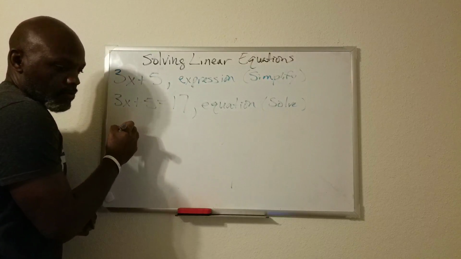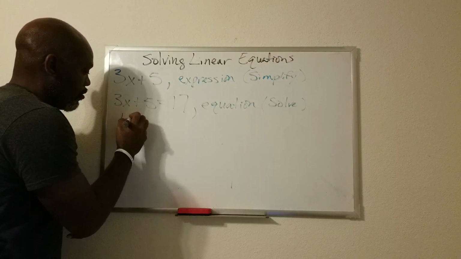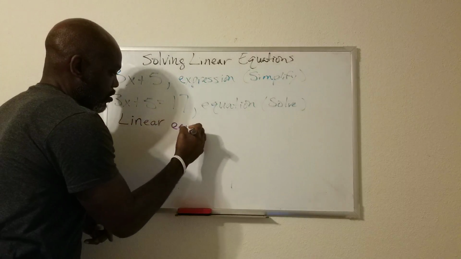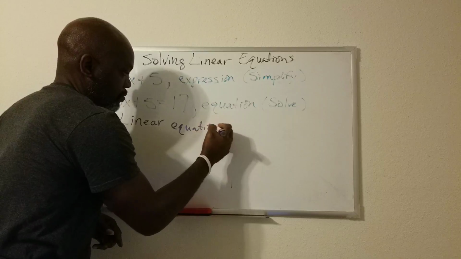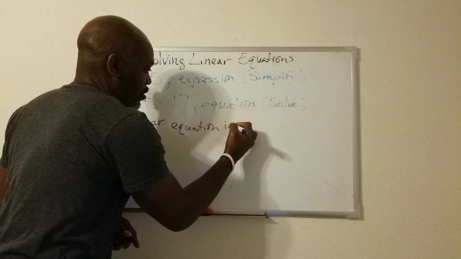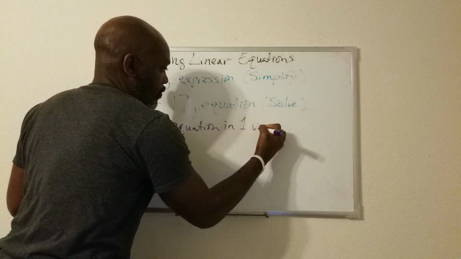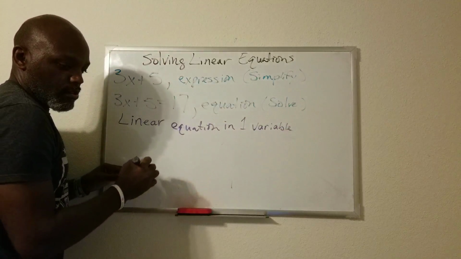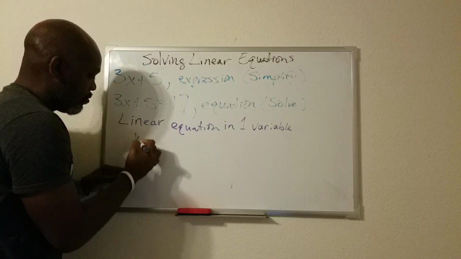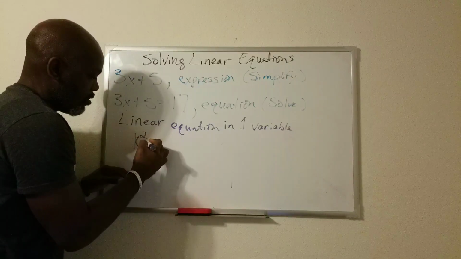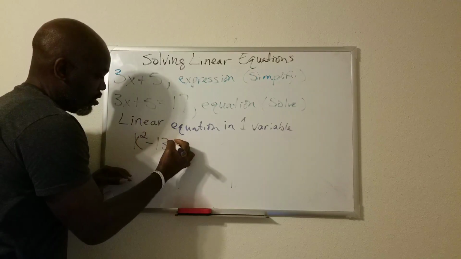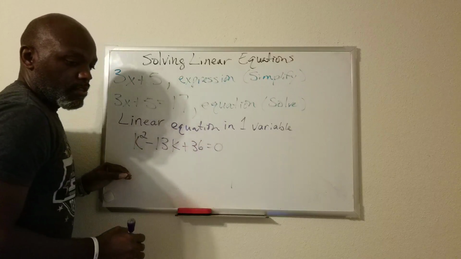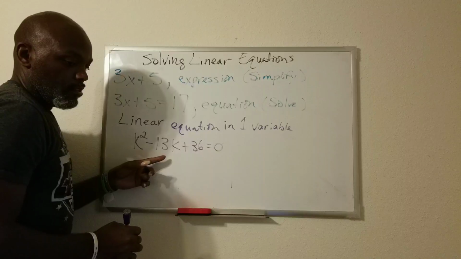Been writing a lot. So a linear equation in one variable, for example, k squared minus 13k plus 36 equals 0 is a linear equation in one variable.